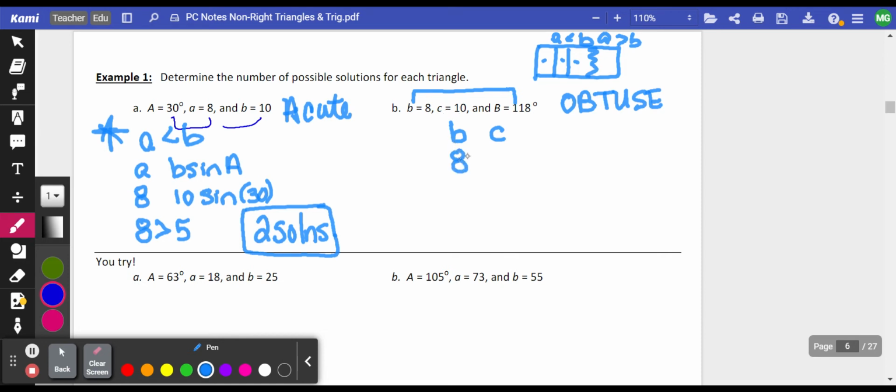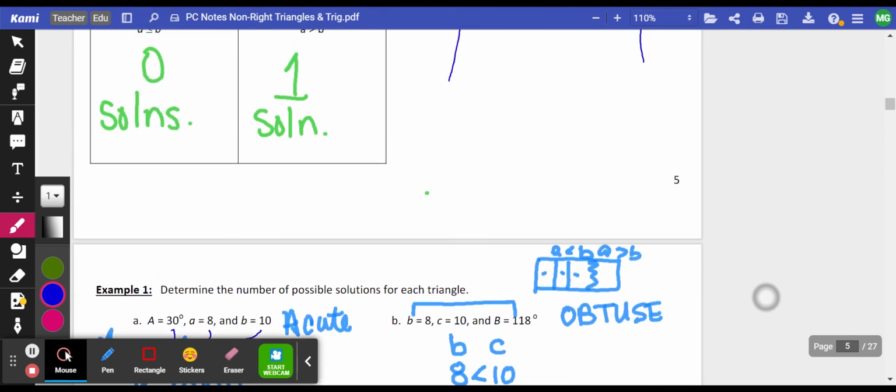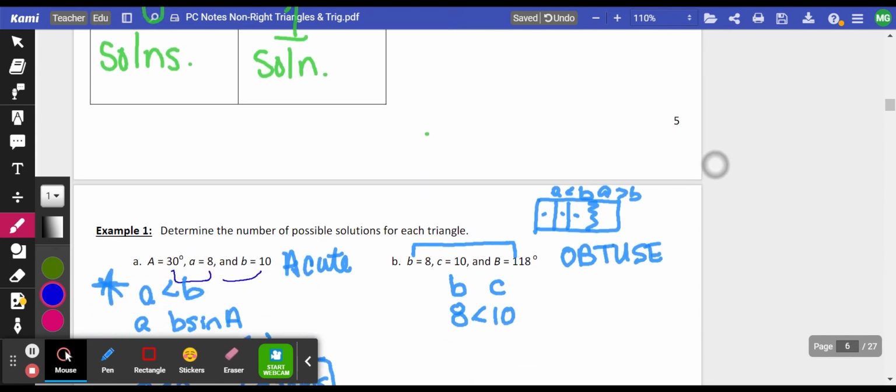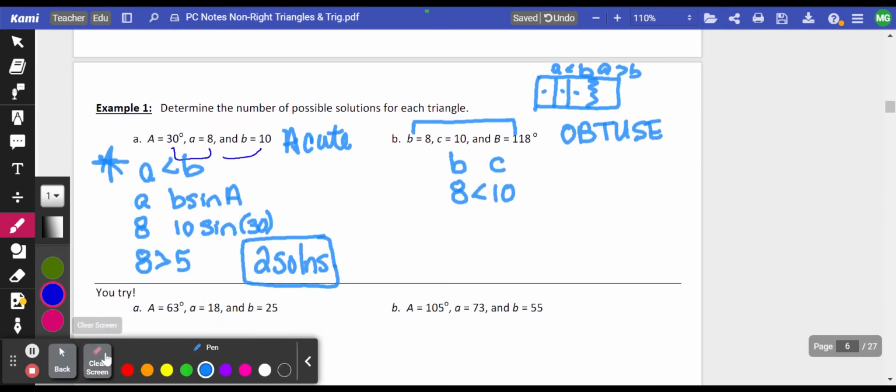Well, we can clearly see that 8 is less than 10. If you look back, I'll scroll back here. If the given side opposite the given angle is less than or equal to the other side, you will have no solution. You couldn't even make a triangle. So that's what we have here. No solution. You can write it like that, or you can write it like this.